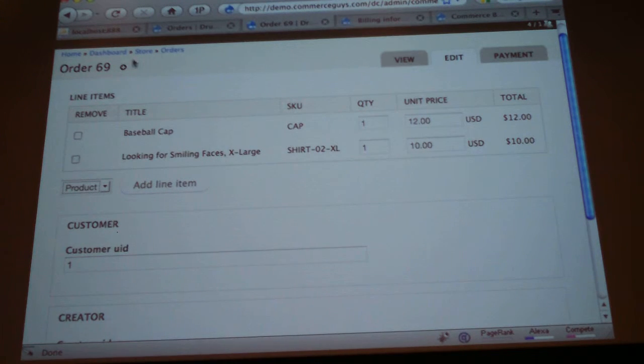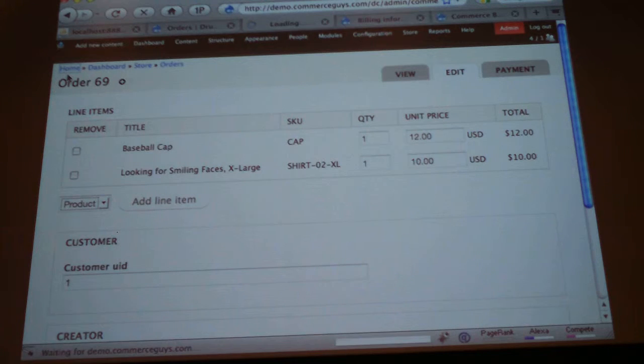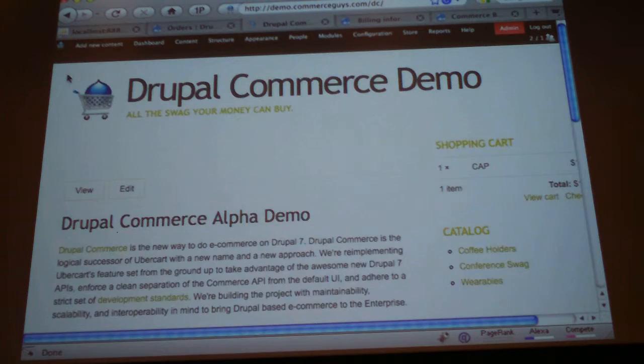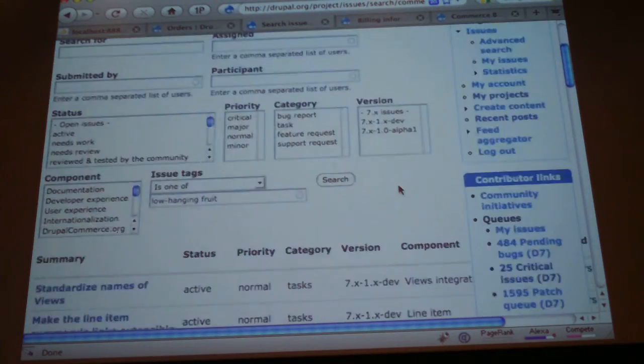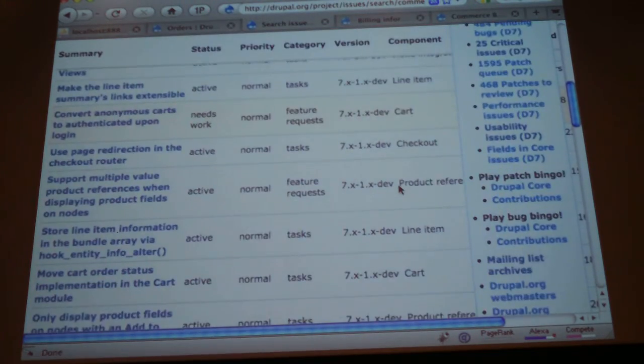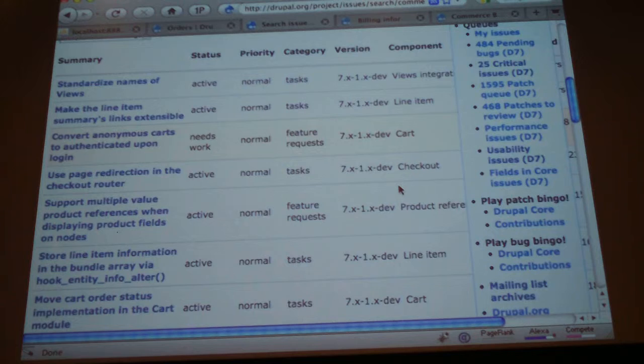For people that are maybe intimidated by Drupal 7, or by how much is already in Drupal Commerce, and you don't think you can do some of the bigger issues, I maintain a low-hanging fruit issue tracker. The URL is bit.ly/low-hanging. It's a set of issues that you don't have to know all of Drupal Commerce to do.